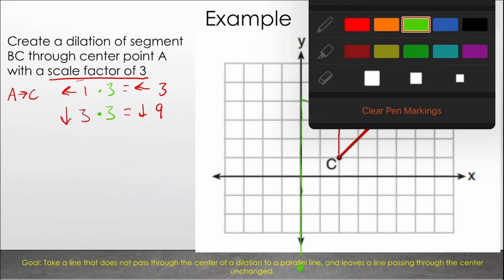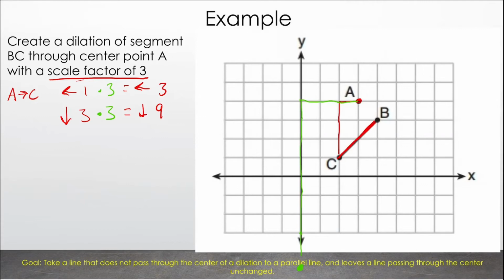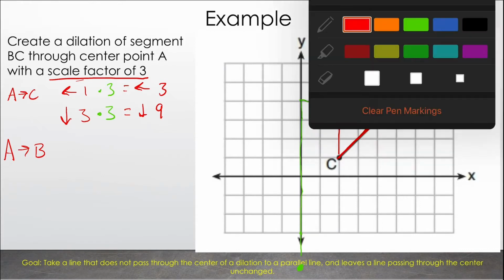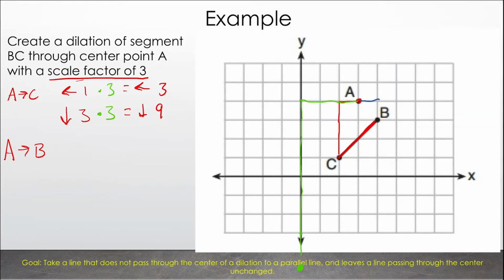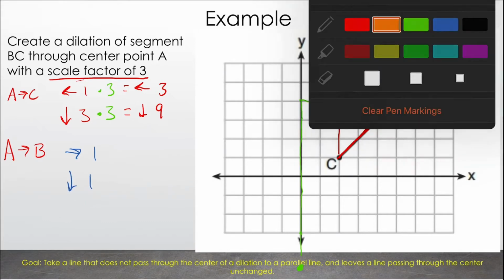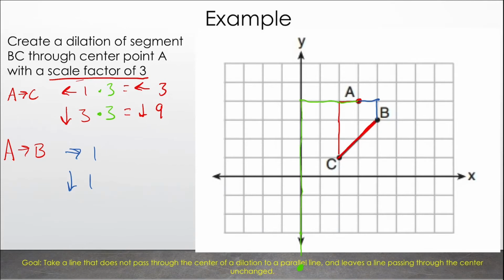Then we do the same thing with B. To get from A to B, I go to the right 1 and down 1. We multiply each of these by 3 to get my new measurements, so right 3 and down 3.